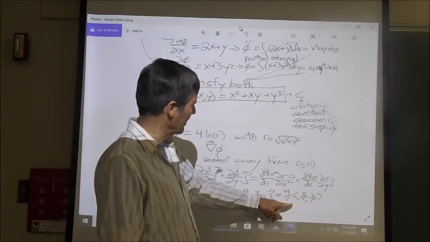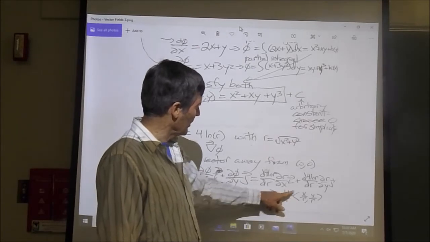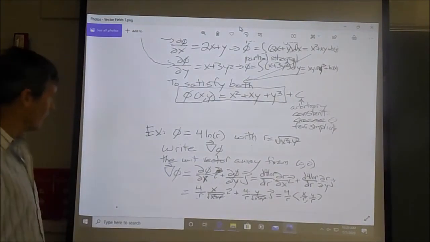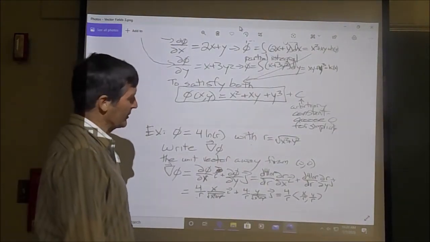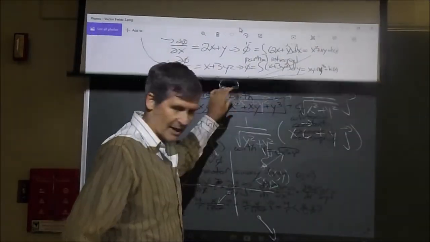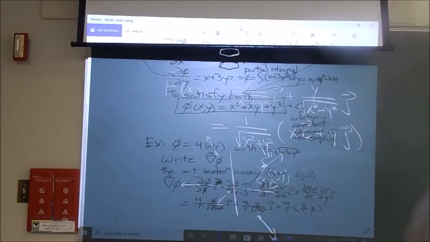I got my last line cut off, I guess, but 4x over r squared, 4y over r squared is the gradient of this potential. This leads to an interesting thing that you see in lots of important applications, actually.